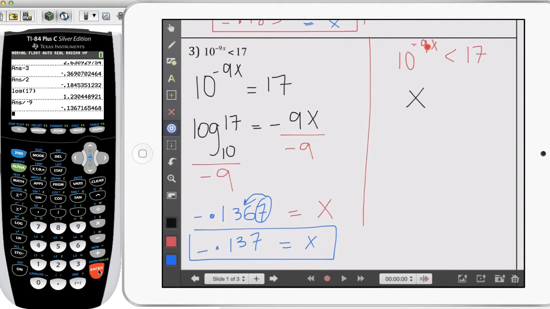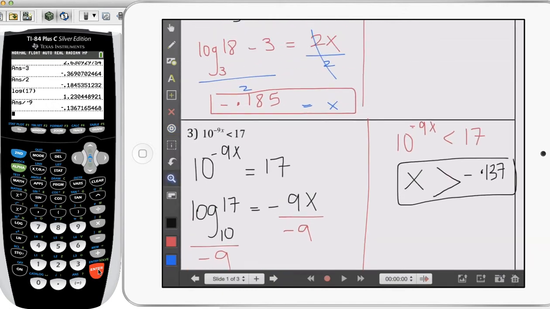Every time you have a negative coefficient for x, remember you divided by a negative number, so the inequality symbol will shift, okay? And then whatever number that you got. So the only time you would shift your inequality symbol is when x has a negative coefficient, because as you see over here, we divided by a negative number. And whenever you divide or multiply by a negative number, the inequality symbol shifts.